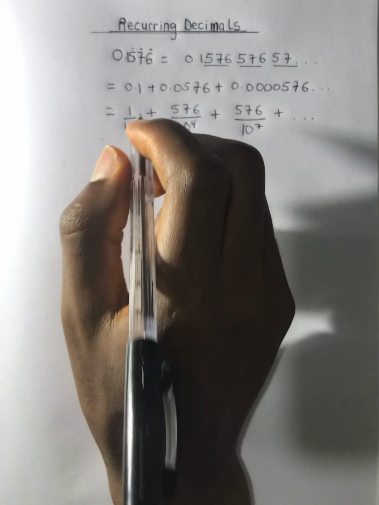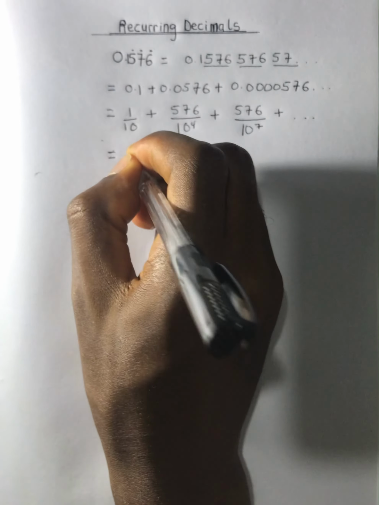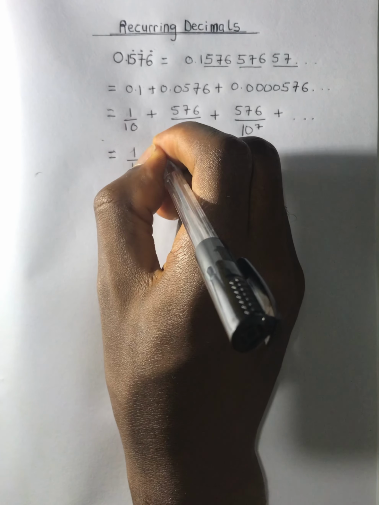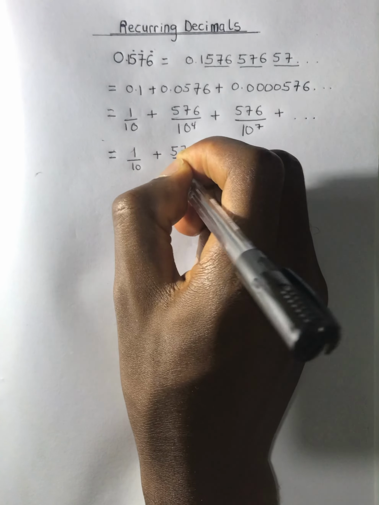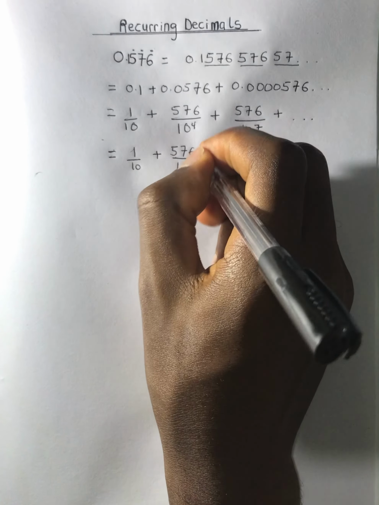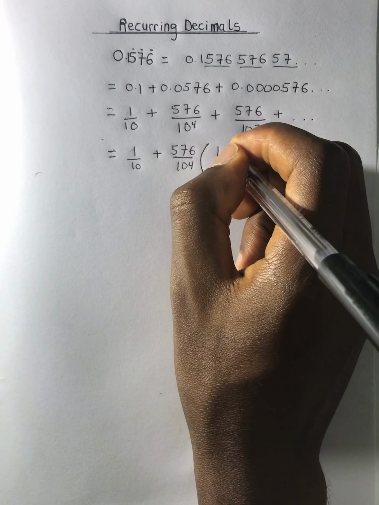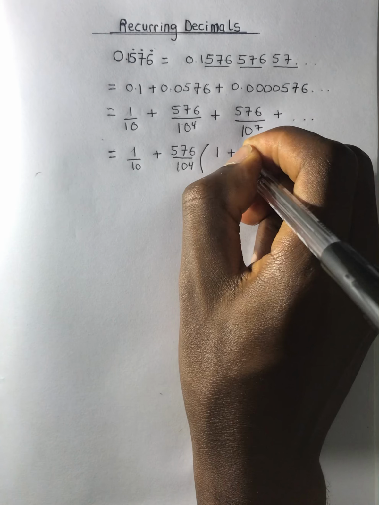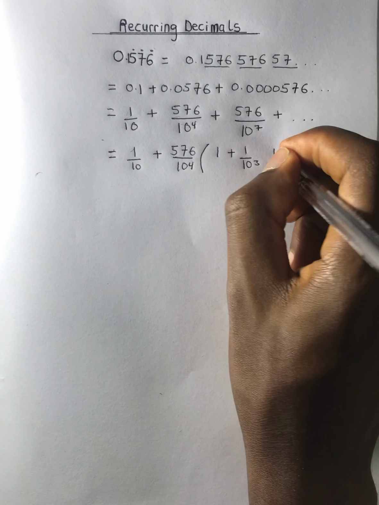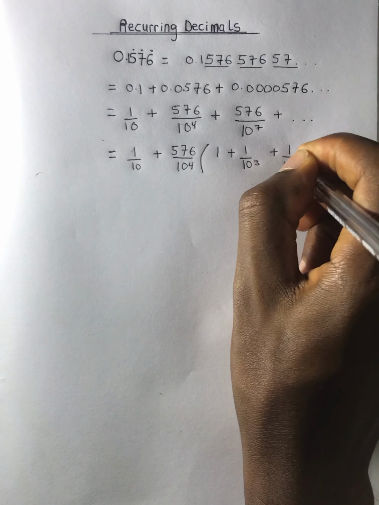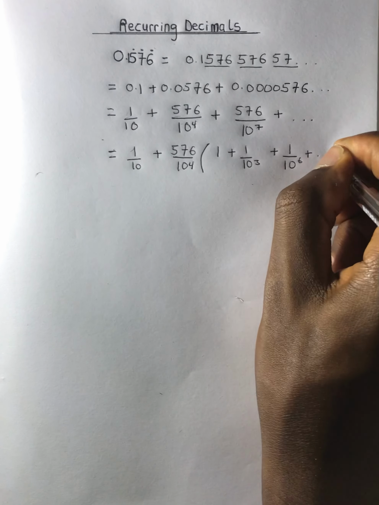So this can also be expressed as 1/10 plus 576 on 1000 or 10 to the power 4 factorized out, leaving us with 1 plus 1 on 10 to the power 3, and the next one of course is 1 plus 10 to the power 6, and this again goes on and on and on.